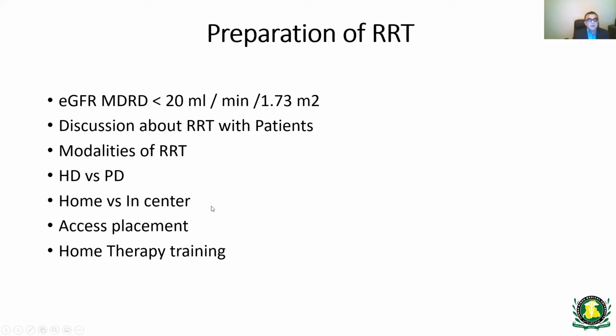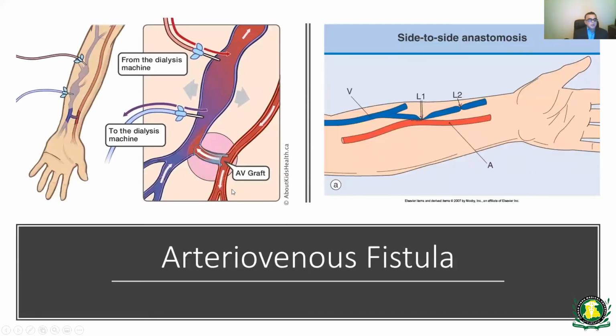As far as the access is concerned, there's AV fistula, arteriovenous fistula, depending on the size of the vessel and based on the vein mapping. Evaluation of dialysis access is primarily directed towards the creation of AV fistula.